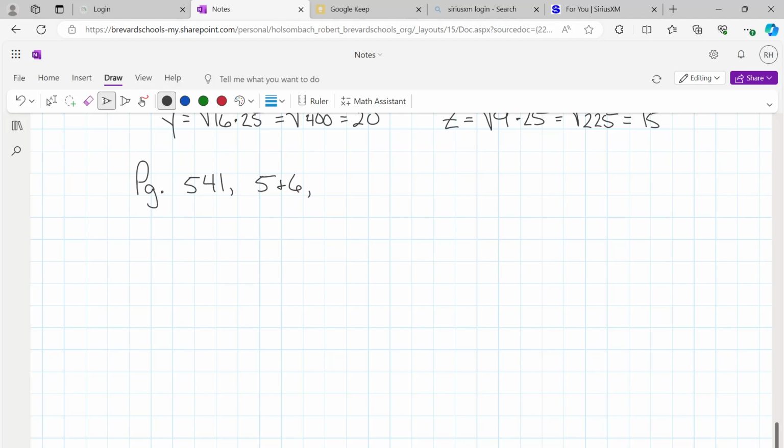And then over on the next page, 18 through 23. And we'll leave it at that.